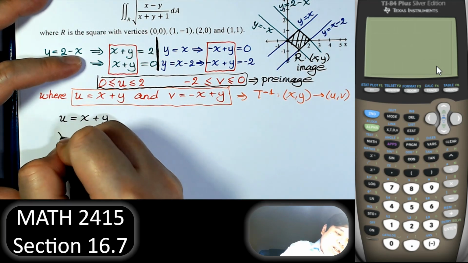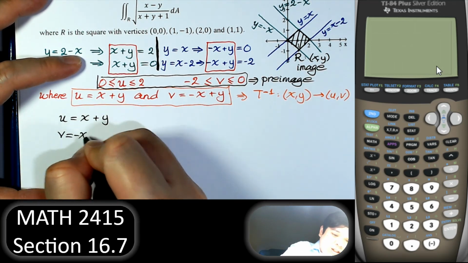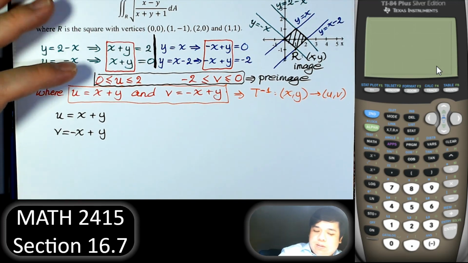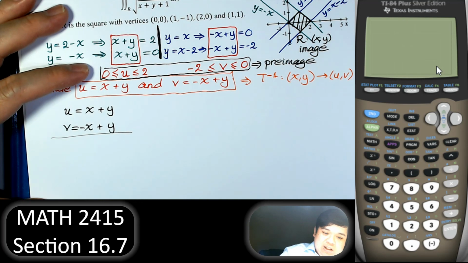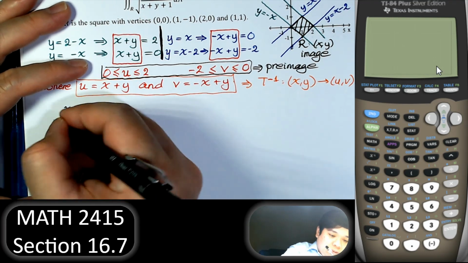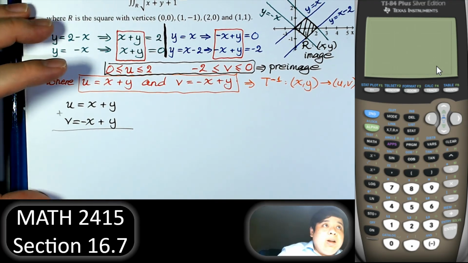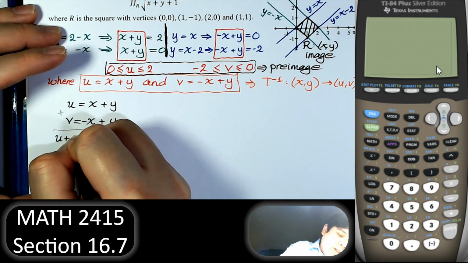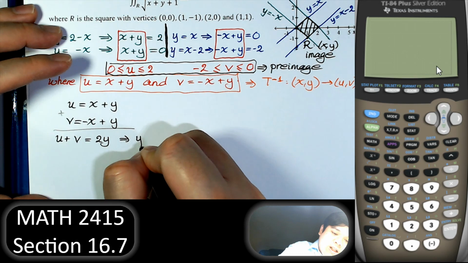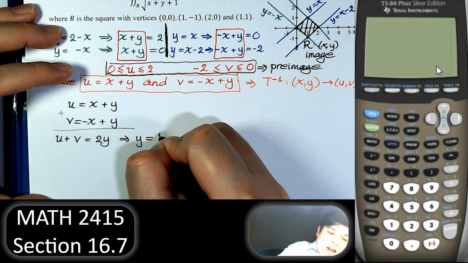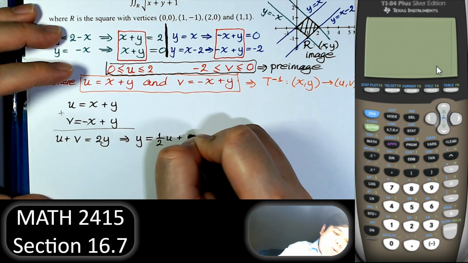Let's do it the standard way. If we just add side by side, u plus v equal to 2y. So y is equal to 1/2 u plus 1/2 v.